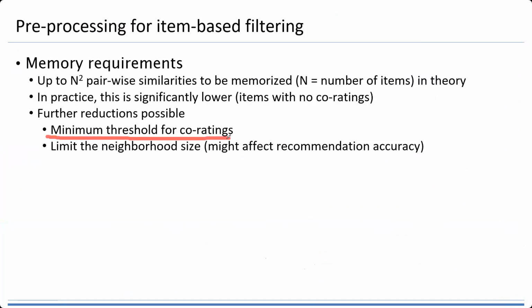If we limit the neighborhood size, for example, we consider only 20 users, or only 20 items, maybe it will affect the recommendation accuracy. Yeah, anyway, there are so many aspects for consideration in the recommendation.